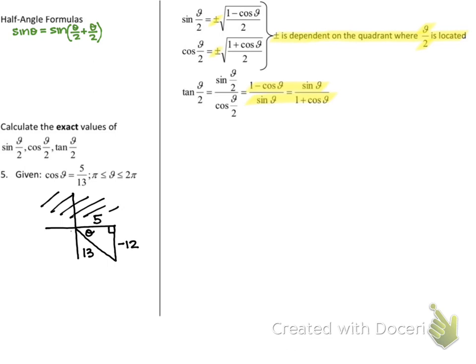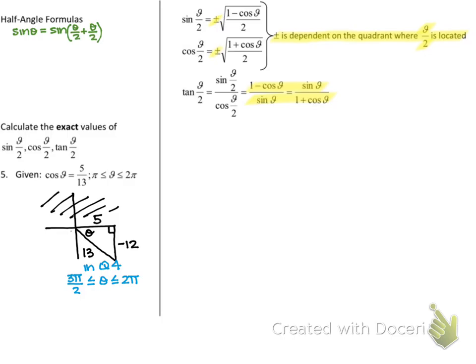Let's go through and figure out where theta over 2 would be located. So if I take a look at this location itself, it looks like theta is somewhere in quadrant 4. Well, quadrant 4 technically is between 3 pi over 2 and 2 pi. So we basically took the pi to 2 pi and we actually shrunk it a little bit more.